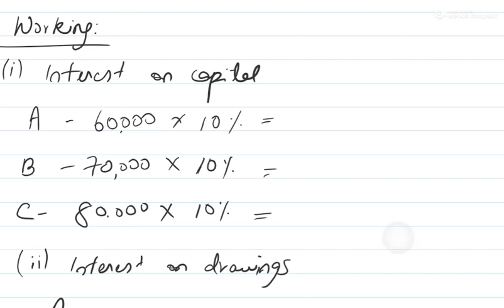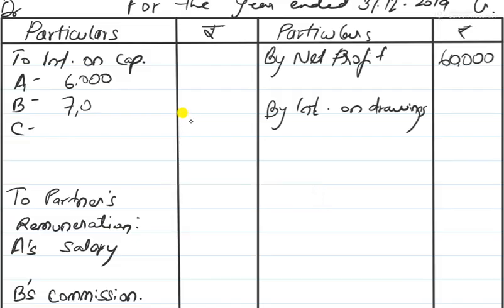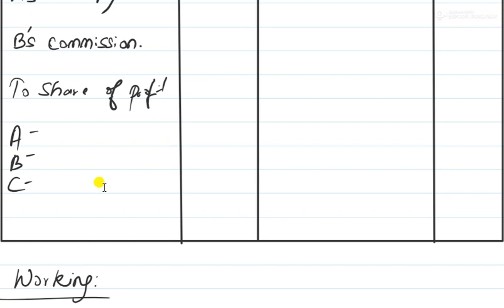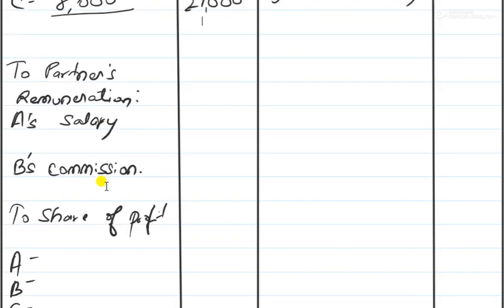So interest on capital for A is 6,000, for B it's 7,000, and for C it's 8,000. Write it over here: 6,000, 7,000, 8,000, and write the total over here, 21,000.